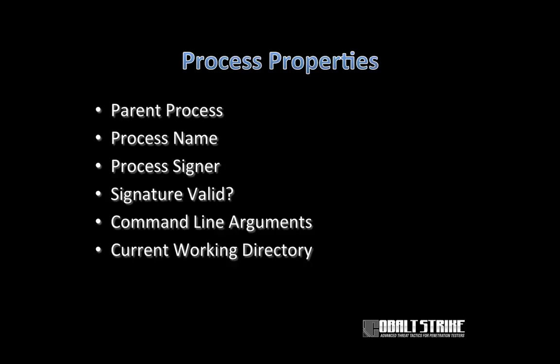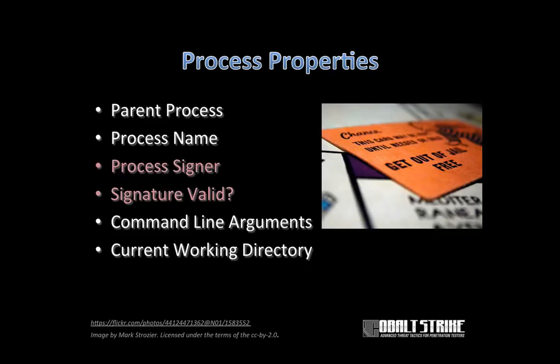Here are some of the observable process properties. You have the parent process, the process name, whether or not it's signed and whether or not that signature is valid, the command line arguments, current working directory, and of course, other properties. The main thing I want to point out is that these properties are all fair game to identify malicious from not malicious, and even identify circumstances where a toolset might say that's completely legitimate.